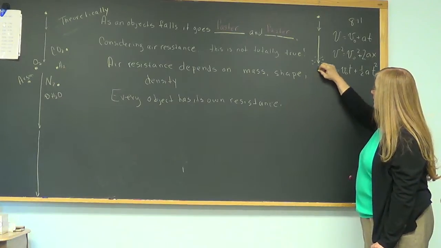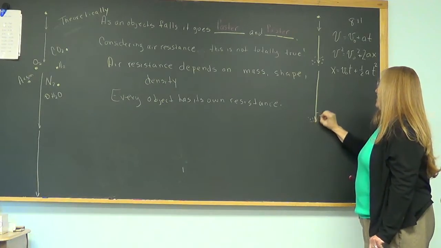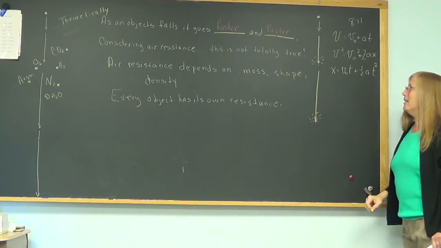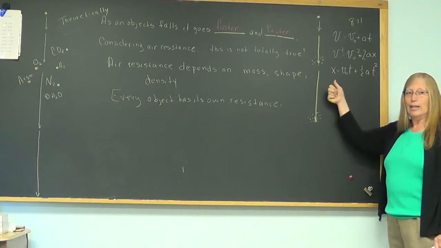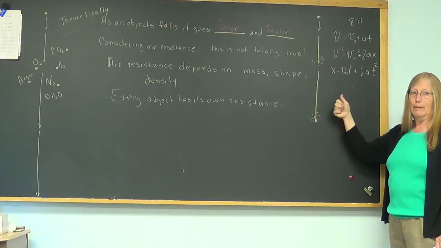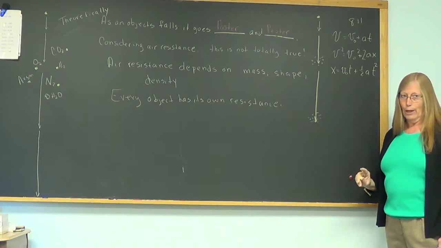So more resistance, because it's really hitting a lot of them, and eventually the force resisting the acceleration is so great from the air molecules that it will accelerate no more.